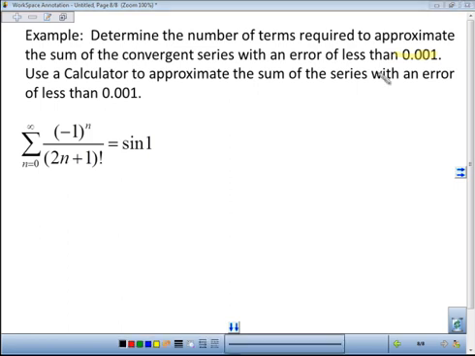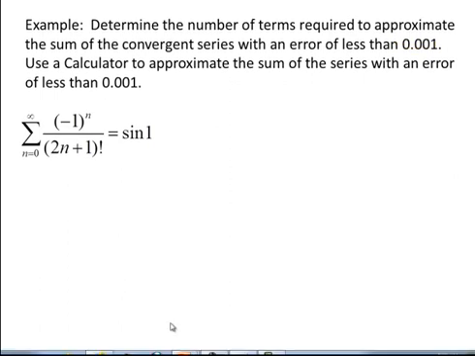So what you have to do is you kind of have to do, okay, what is my, let's say, fifth term. So you find your fifth term. So I'm going to use my calculator for this. And what you do is you're trying to find a term that the sum is less than 0.01.